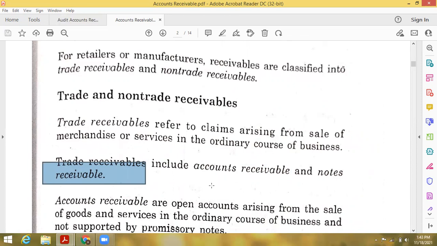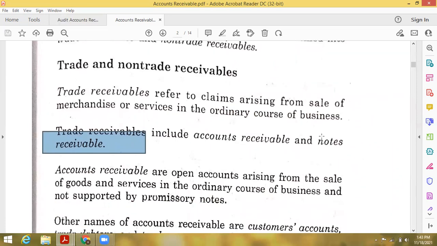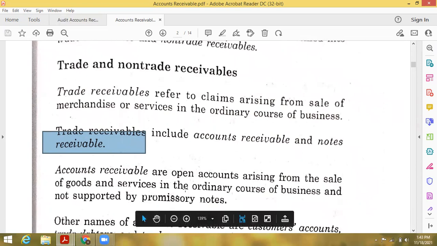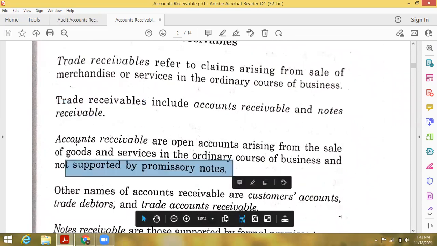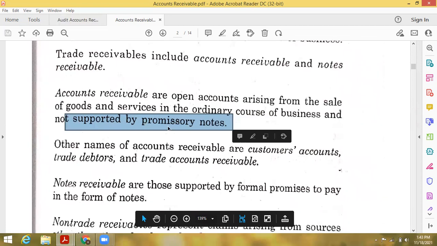Yung notes receivable kasi, meron na kayong evidence na nangutang siya sa iyo, which is yung promissory notes that I am going to pay the amount of this, yung gano'n yung mga nakasulat. So, accounts receivable are open accounts arising from the sale of goods and services in ordinary course of business and not supported by promissory note. So, pinakaiba lang ng accounts receivable at notes receivable ay yung promissory note.